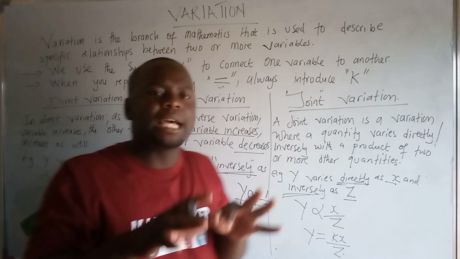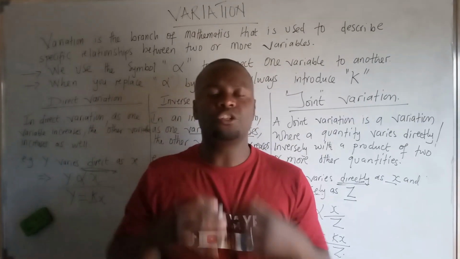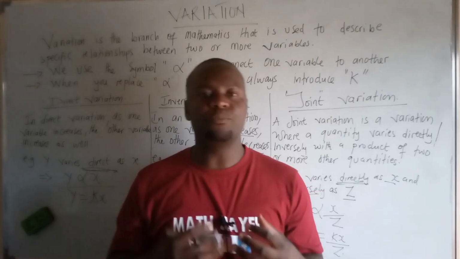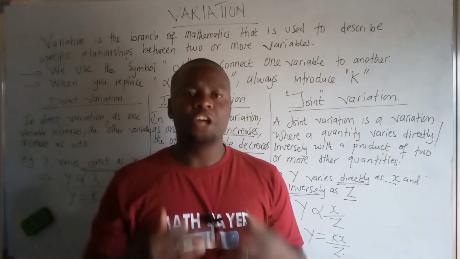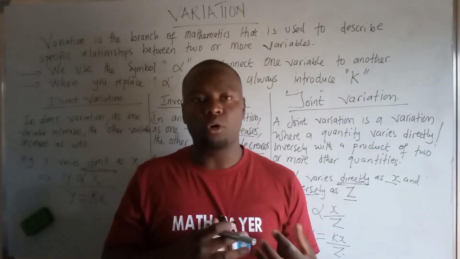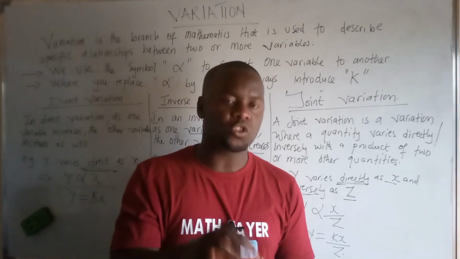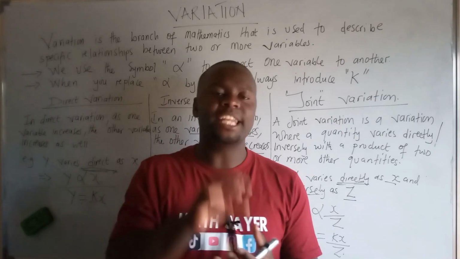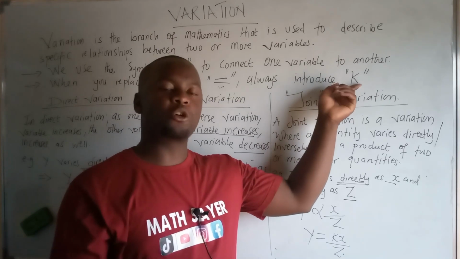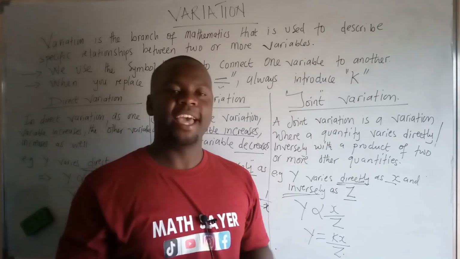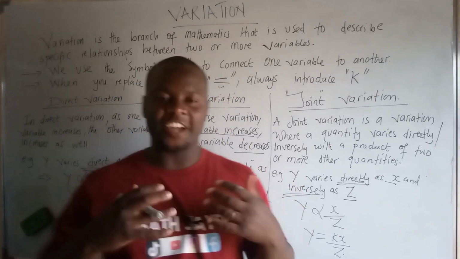In all these three types of variation, after the statement is given to us, we need to write the statement using the proportional symbol. Once you have written the statement with the proportional symbol, remove that symbol and substitute it with an equal sign. Once you substitute it with an equal sign, you need to introduce the constant k, which is called the constant of variation. After doing that, that's when you begin enjoying the calculation.